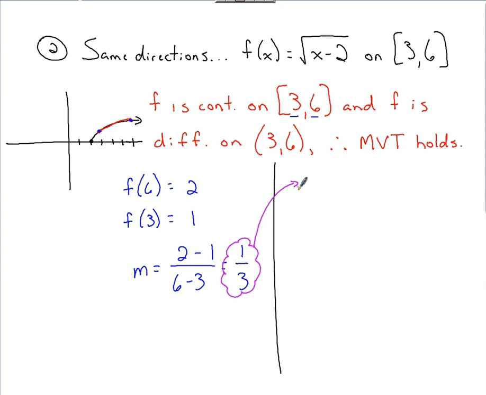Taking the derivative of the function, you've got x minus 2 basically raised to the 1/2. Bring your 1/2 down. x minus 2 left. Subtract 1 away from that power 1/2, get negative 1/2. Tack on the derivative of the inside to complete the chain rule, that derivative would be 1.